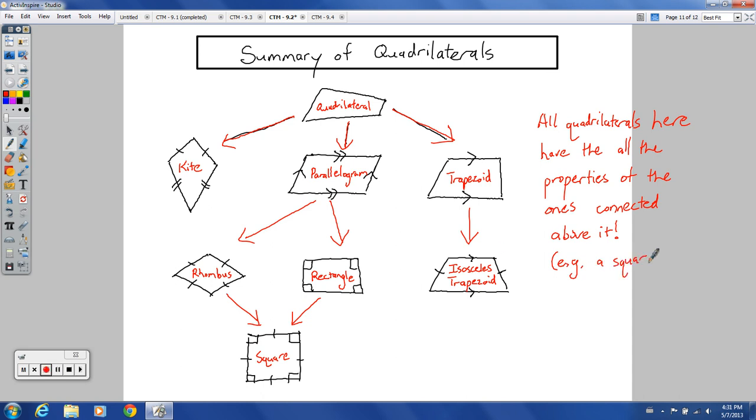A square is a special type of rhombus, rectangle, parallelogram, and quadrilateral. As you move up, you see all those things connected to it directly above it.